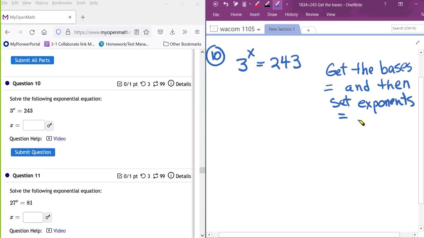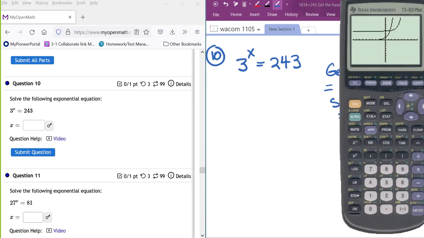This one is a nice one to start with because it's 3 to a power and there's nothing else we could do to the 3. So we want to see 3 to what power is going to be equal to 243. So just get your calculator and play a little bit.